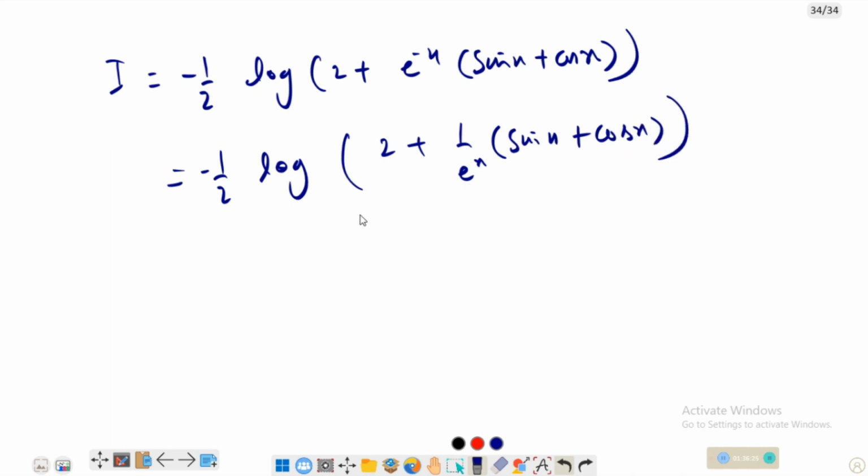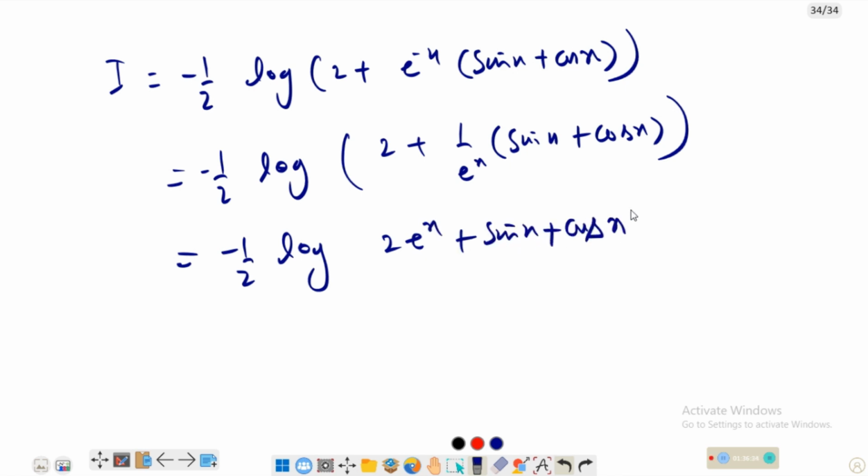Okay, this is minus 1 by 2 log 2 e to power x plus sin x plus cos x minus log e to power x.